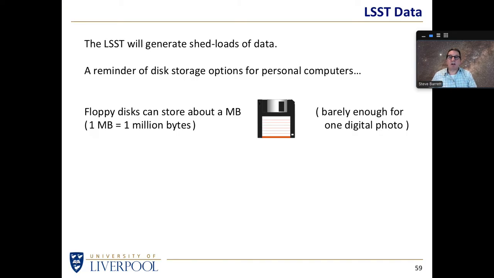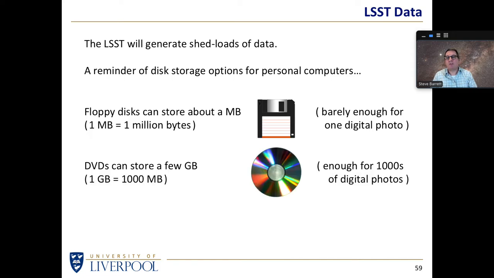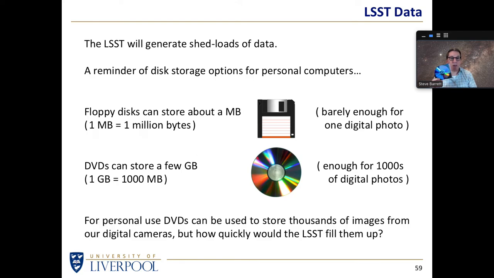But alternatively, I could say, well, floppy disks are too passé. What if I go to a digital versatile disk? A DVD can store many gigabytes of information. So that's equivalent to thousands of floppy disks. So I could store most of a Safari's worth of images onto a DVD. I could quite happily store many thousands of images on a DVD.